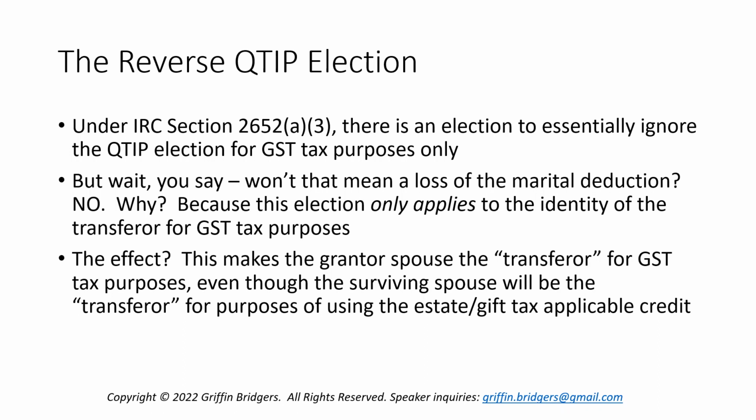So essentially it allows the grantor spouse to create a QTIP trust that's GST exempt at the death of the beneficiary spouse without requiring the beneficiary spouse to apply any of their own GST tax exemption to the trust at the time, even though they're going to use their own applicable credit to offset gift and estate tax that's due on that marital deduction trust and deferred through the QTIP election.